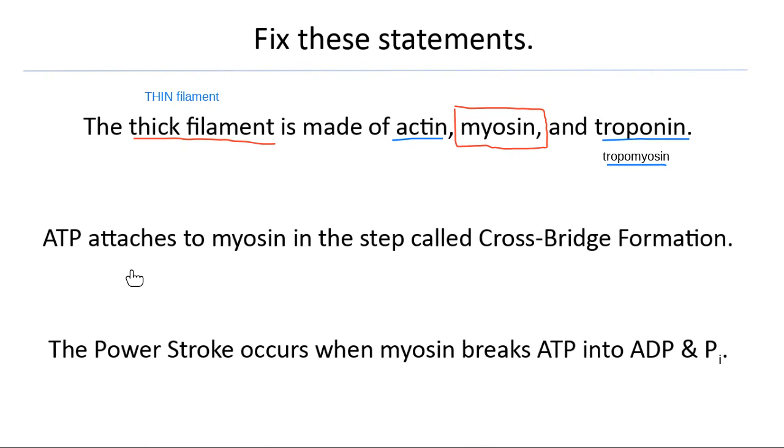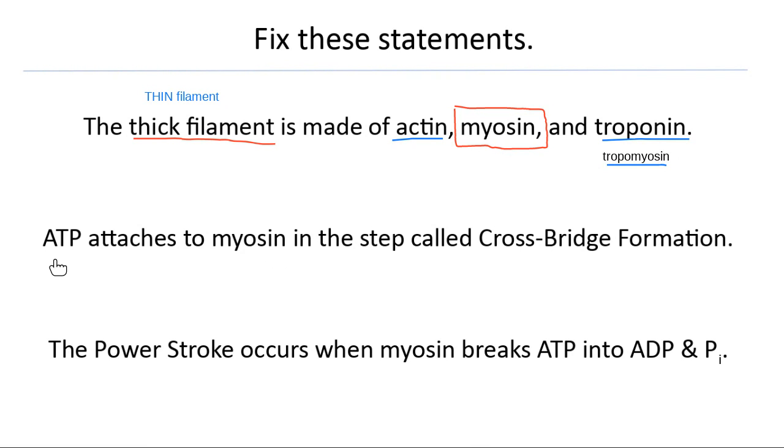Let's go to our second statement here. Our second statement talks about ATP attaching to myosin in a step called Crossbridge Formation. There are 2 ways that we can fix this statement. First, let's assume that this part is correct.